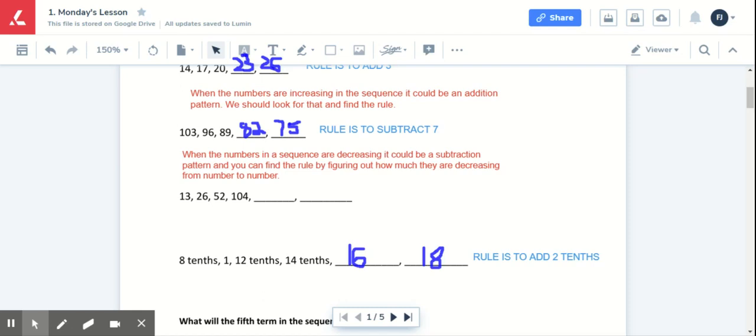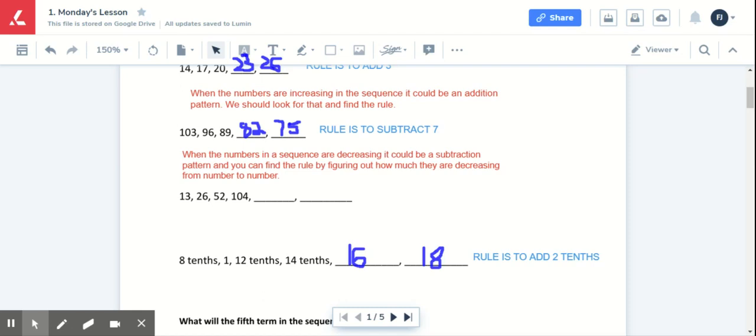Okay, so to get from 26 to 52, what do you need to multiply by? That's right. You also have to multiply by 2. Is that true for 52 to 104? Yes, that's right.